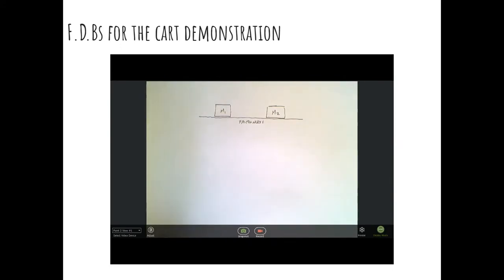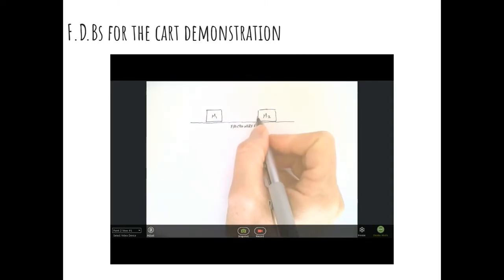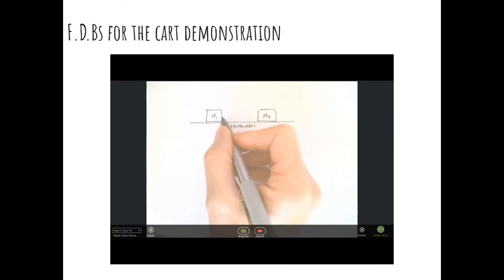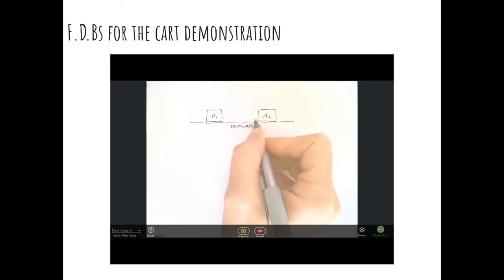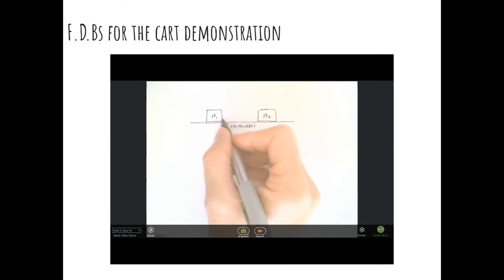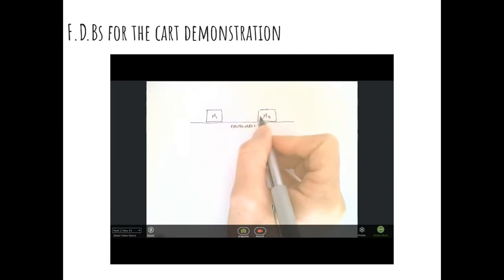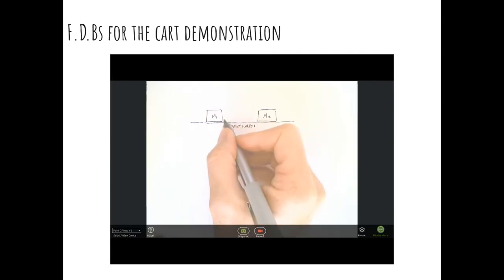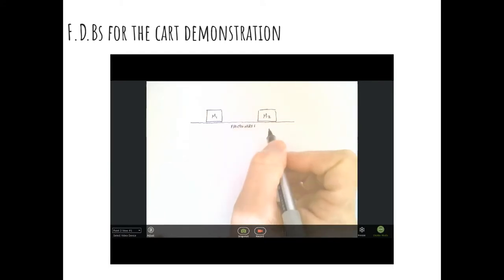Now, in this situation, Newton's third law states that the forces acting on the objects are the same, but in the opposite direction. So it doesn't matter whether the spring was attached to mass 2 or to mass 1, or whether it was mass 1 pushing off mass 2 or mass 2 pushing off mass 1. The force is equal between the two of them.